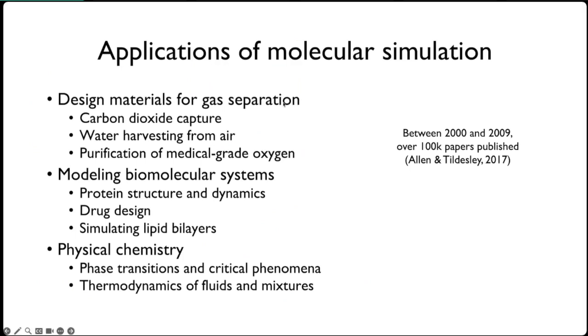People use them to study all sorts of practical applications, from gas separation to biomolecular systems to physical chemistry. And just in a 10-year period, over 100,000 papers were published. And there's a large number of people working in this field, a lot across many different disciplines, both in engineering, in chemical engineering, as well as in chemistry, molecular biology, things like that.